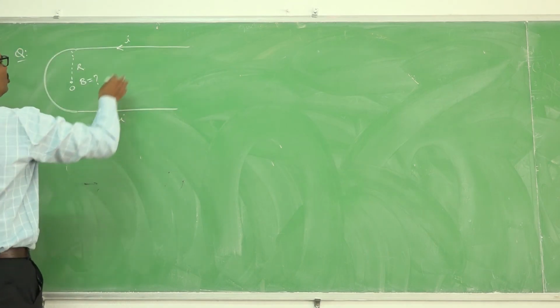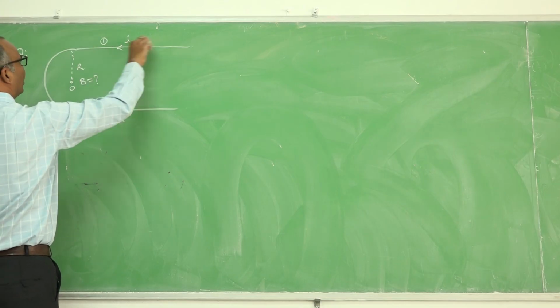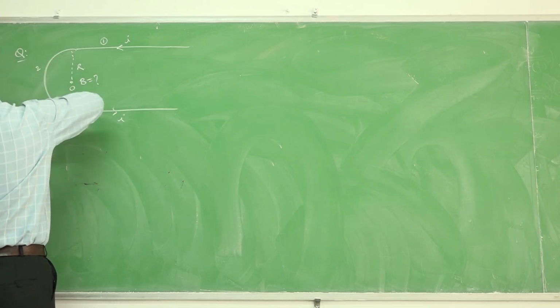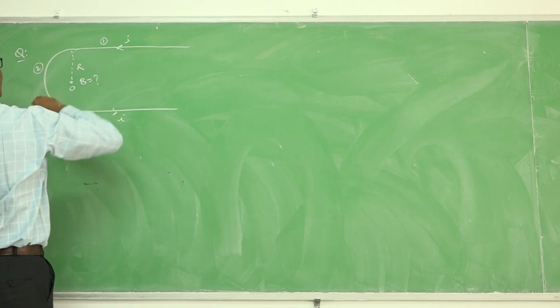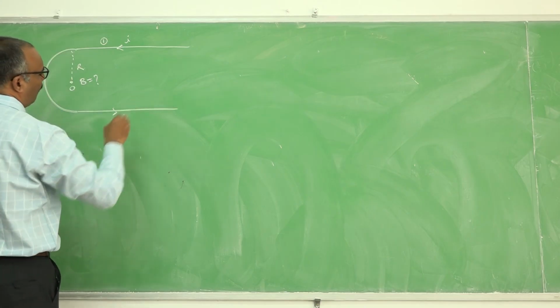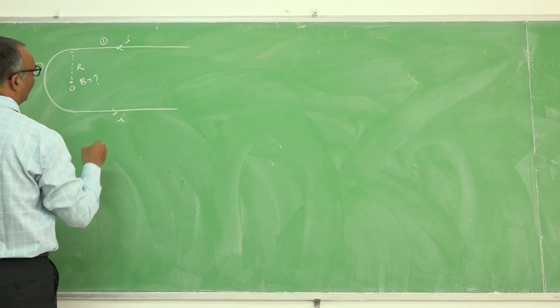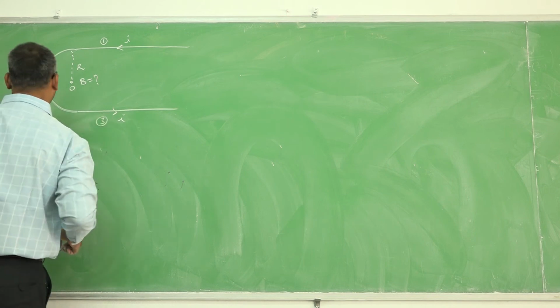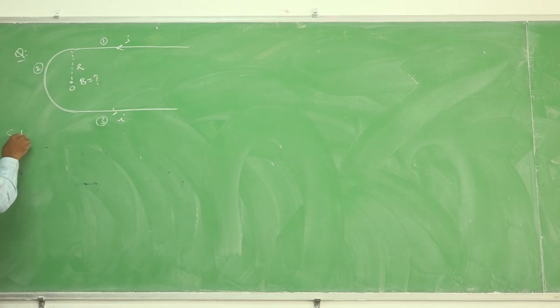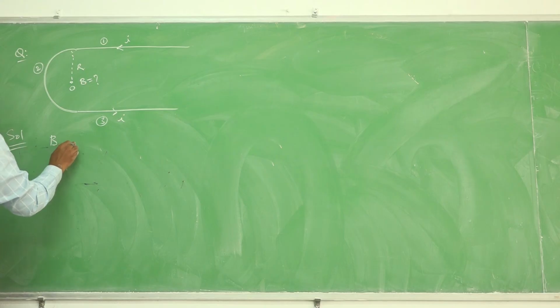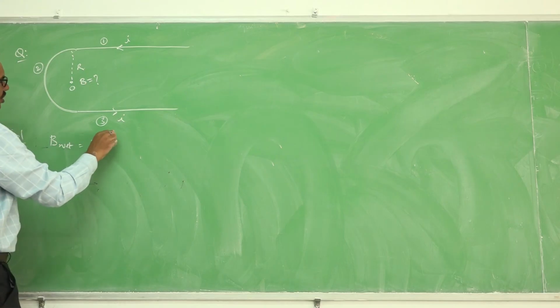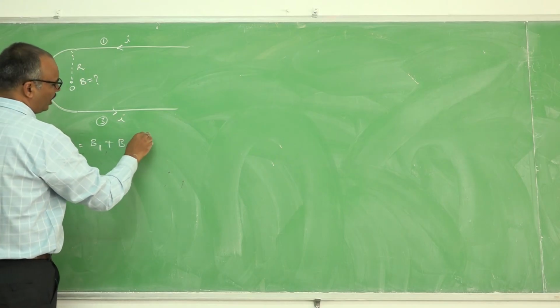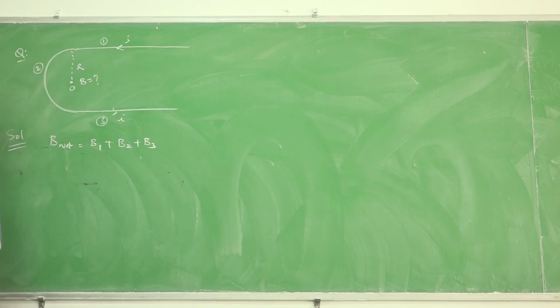here actually three elements are there. Again a straight wire, again a semicircular wire, again a straight wire. So the solution is net magnetic field is field due to first one, field due to second one, field due to third one.